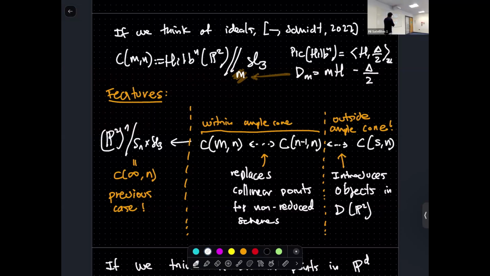So what is happening here? What we found is that if you take m equal to infinity, which is just taking the degree of the cone, then you recover the previous case. You see no scheme structure whatsoever.